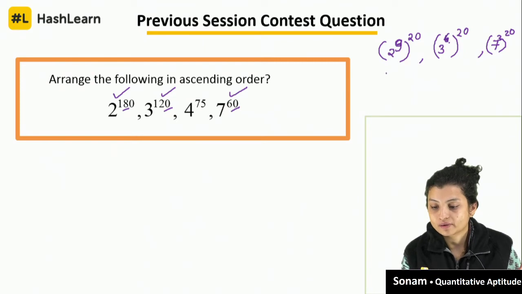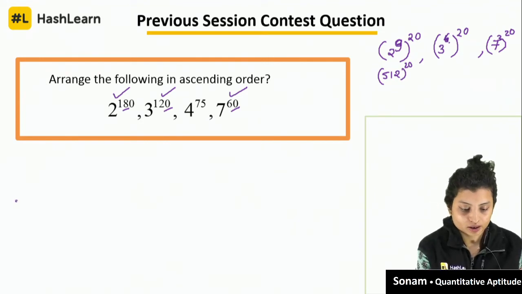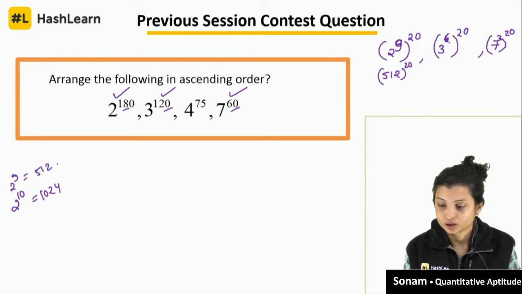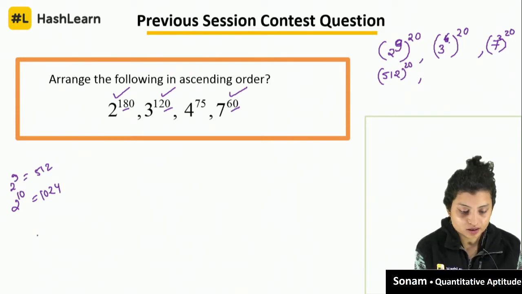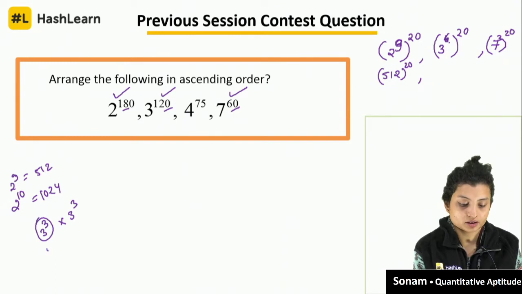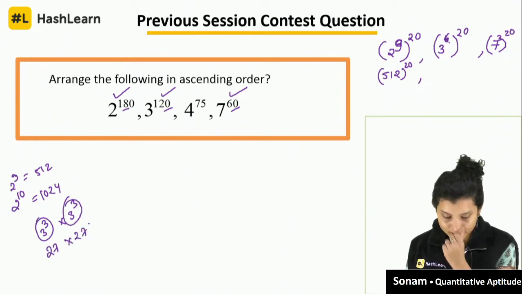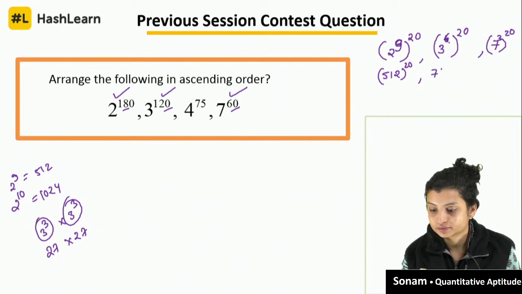Okay, how much is 2 power 9? 512 to the power 20. 2 power 10, you know that is 1024, and 2 power 9 is 512. Okay, 3 power 6, how much is 3 power 6? 3 power 6 is nothing but 3 power 3 into 3 power 3, right? 3 power 3 is 27, this is also 27, 27 into 27, 729.